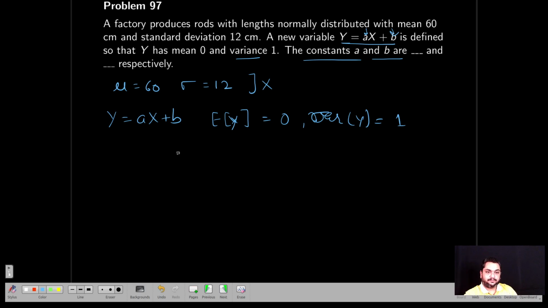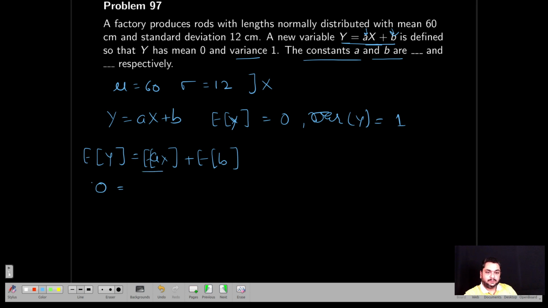So this is simple, right? What is E of Y? E of Y is equal to E of AX plus E of B, based on the properties of linear combination of expectation and variance. Now E of Y is given as 0.